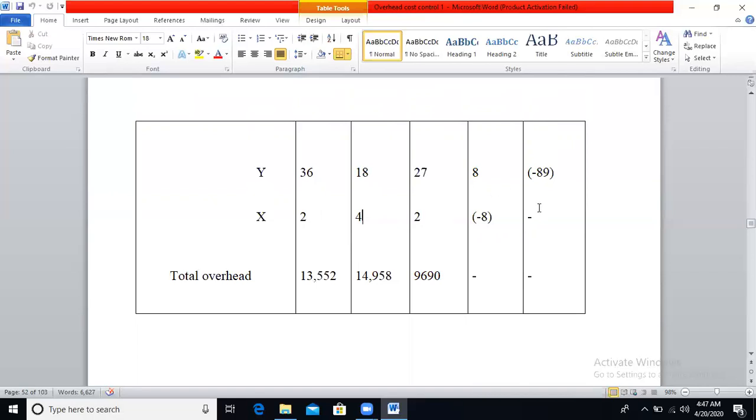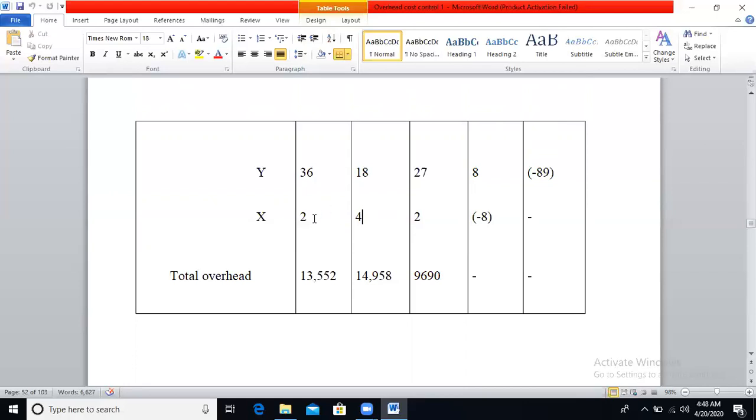For the service department, 8 into 20% you will get 1.6. For the next step, if you want to reapportion 1.6 for the Y, it will get 0 point something values. That's why we will adjust here only.